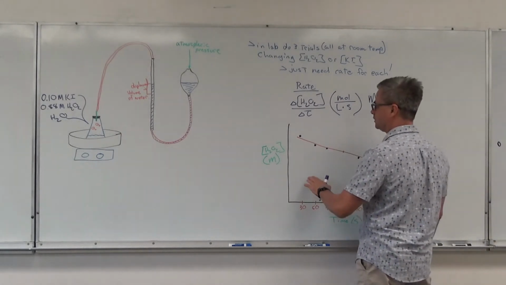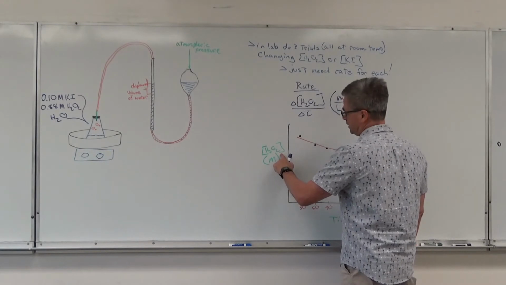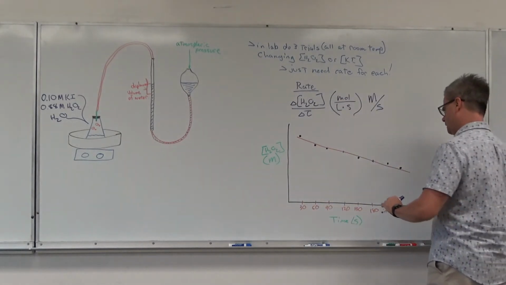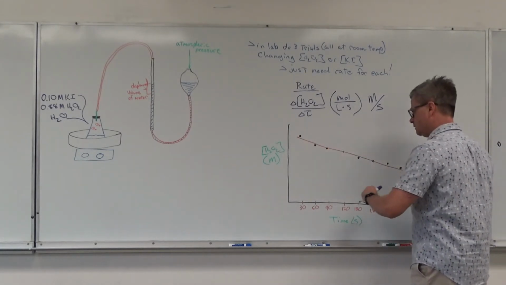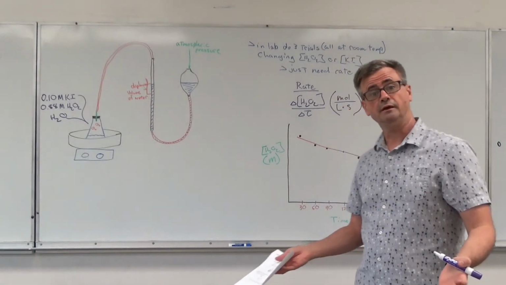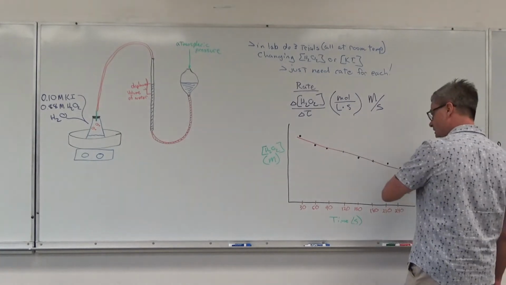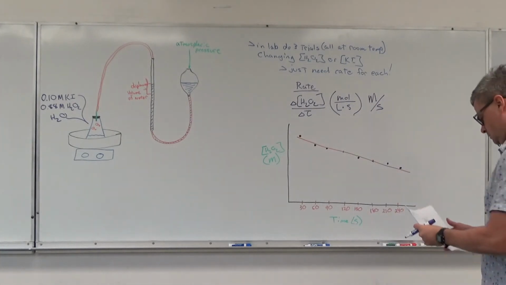We are going to describe the rate as the change in hydrogen peroxide concentration. If this data ends up being linear, the change in concentration over the change in time is the slope of that line.